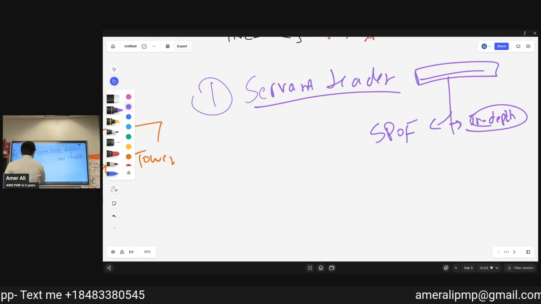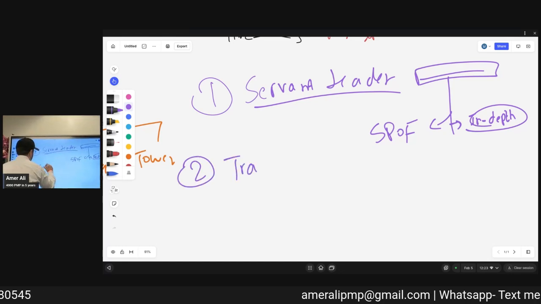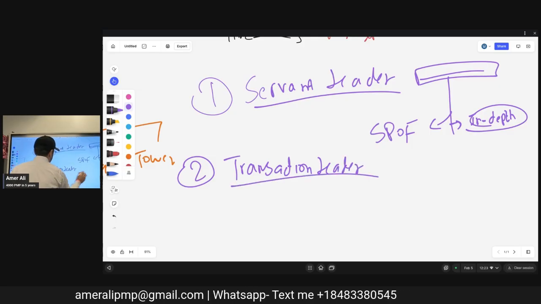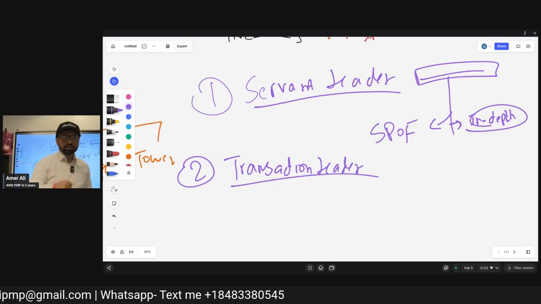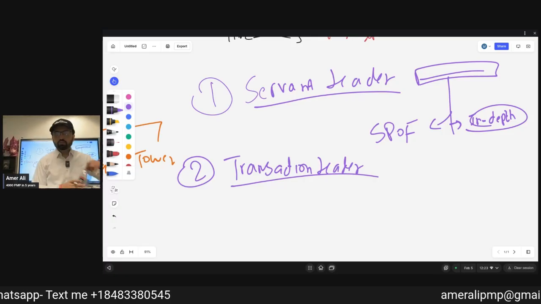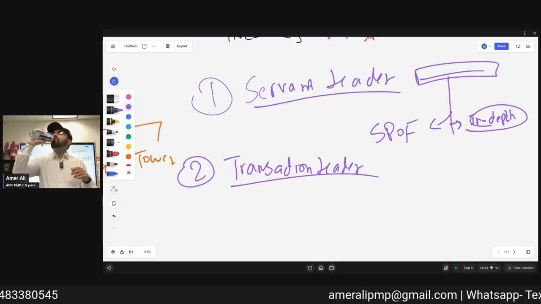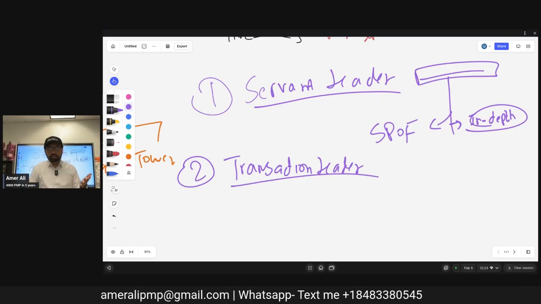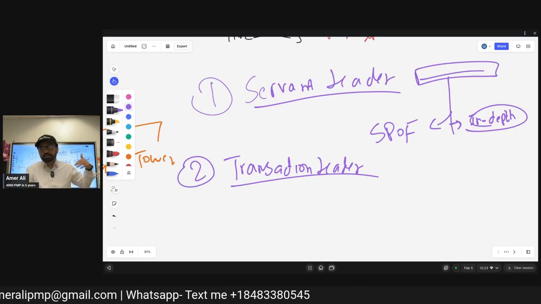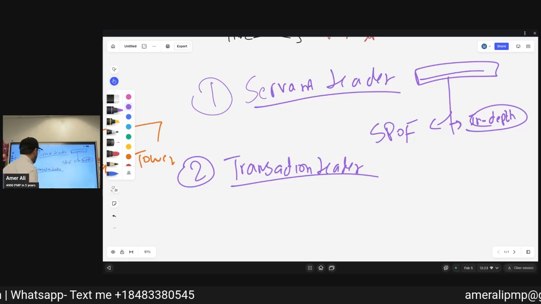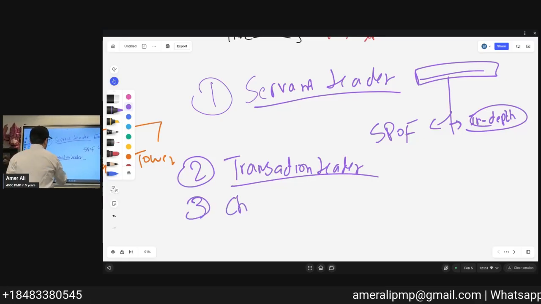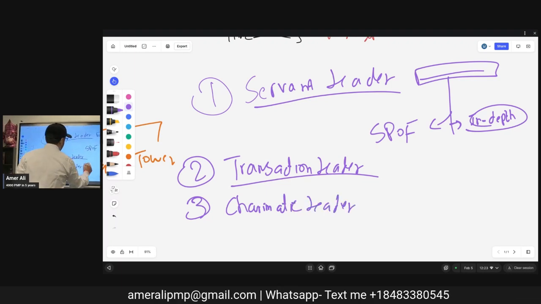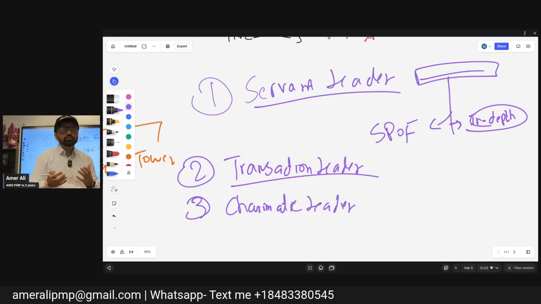Some project managers can be transactional leaders. A transactional leader is about the transaction: you do that, you get something. If you do a good job, you get your raise. If you don't do a good job, you are fired. That is a transactional leader. Then you can have a charismatic leader, a person whose charisma is very high and the team is working because of that one person.